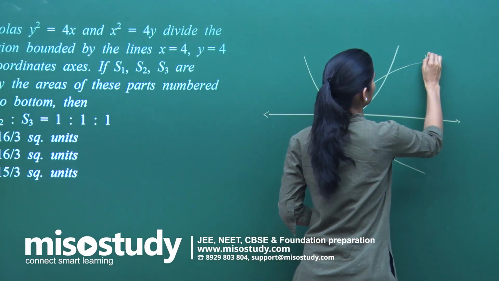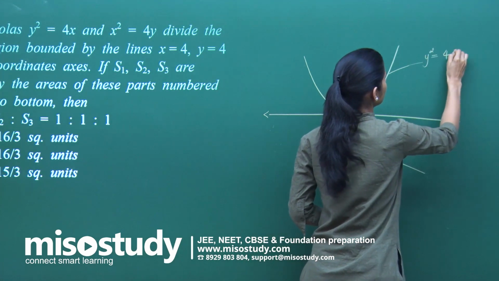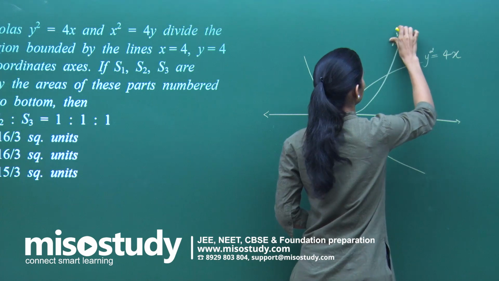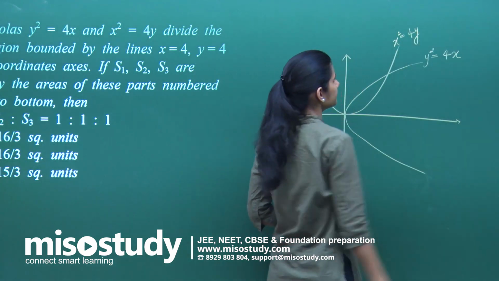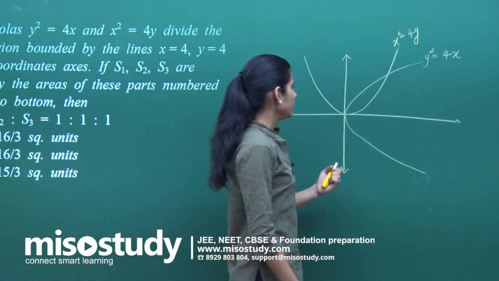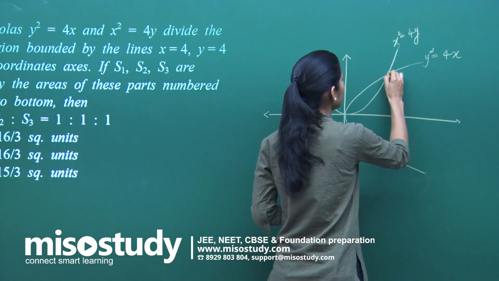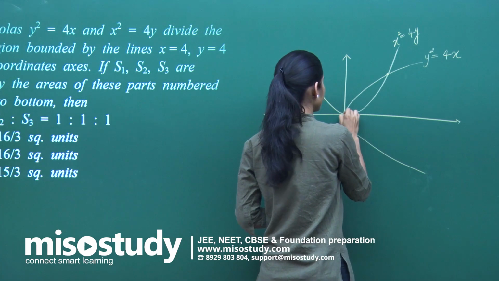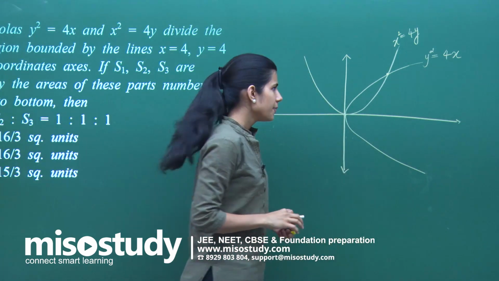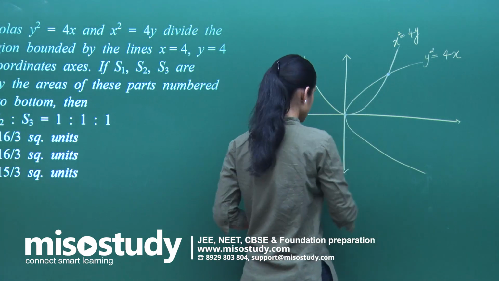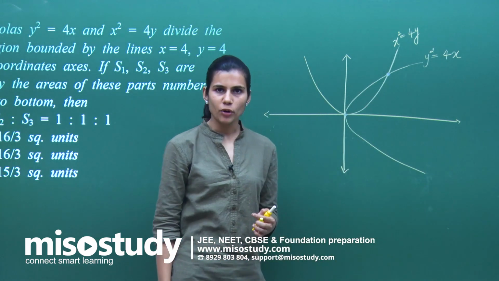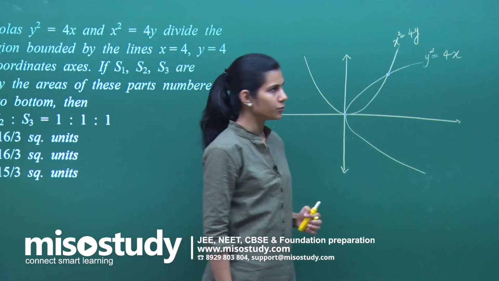So this is your parabola y square equals 4x and this is x square equals 4y. If you wish to find the points of intersection of these two parabolas, then of course they will be coming up as this point and this point. So technically let's find the points of intersection of both these parabolas.